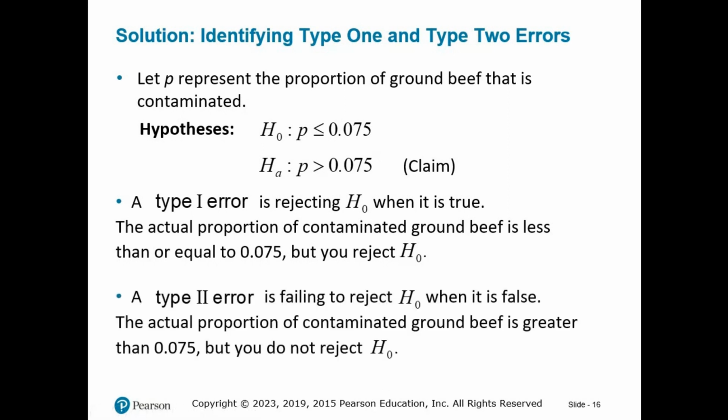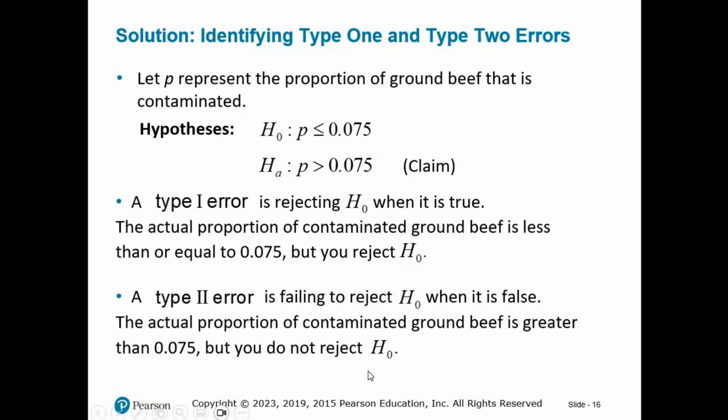A type 2 error is failing to reject H naught when it is false. The actual proportion of contaminated ground beef is greater than 0.075, but you did not reject H naught. This is the error we would be committing if we decided not to take the inspector's advice.